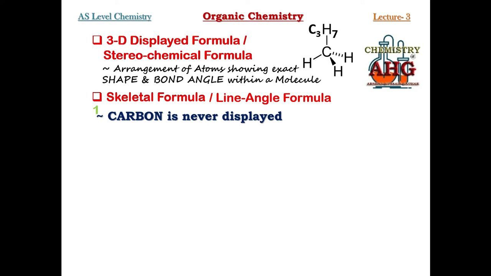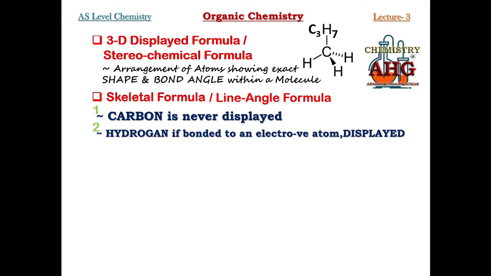The second piece of information that you must remember while sketching skeletal formula is about the hydrogen atom. It is also not displayed commonly. Hydrogen atom is displayed only if it is bonded to an electronegative atom. Commonly, which electronegative atoms can you find in organic chemistry? Oxygen, nitrogen.